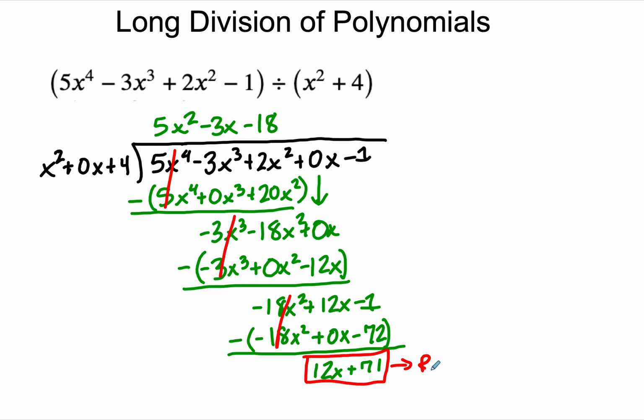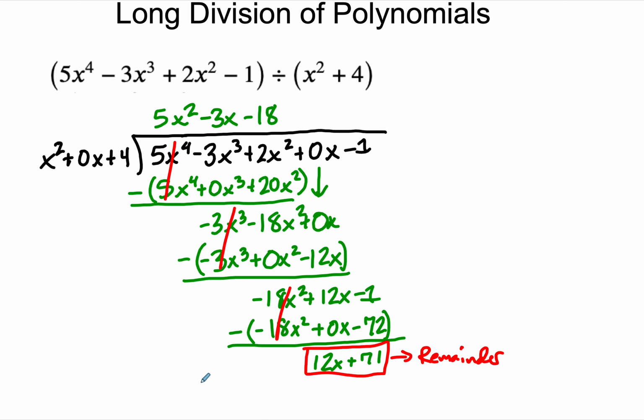And here's how you would write your final answer. We're going to have all parts: this times this, and then my remainder. So we have f of x. Actually, let's write it up here. We have f of x equals my divisor, which is really x squared plus 4.